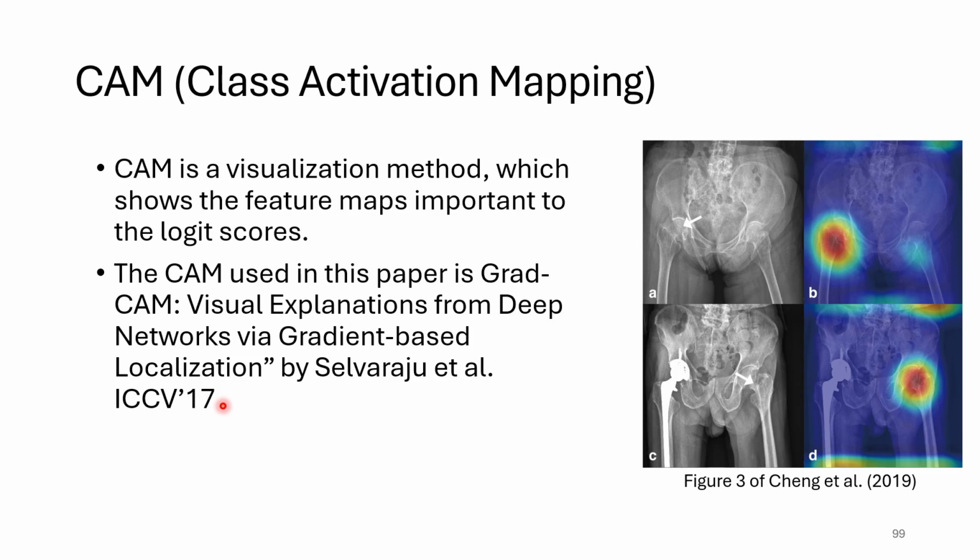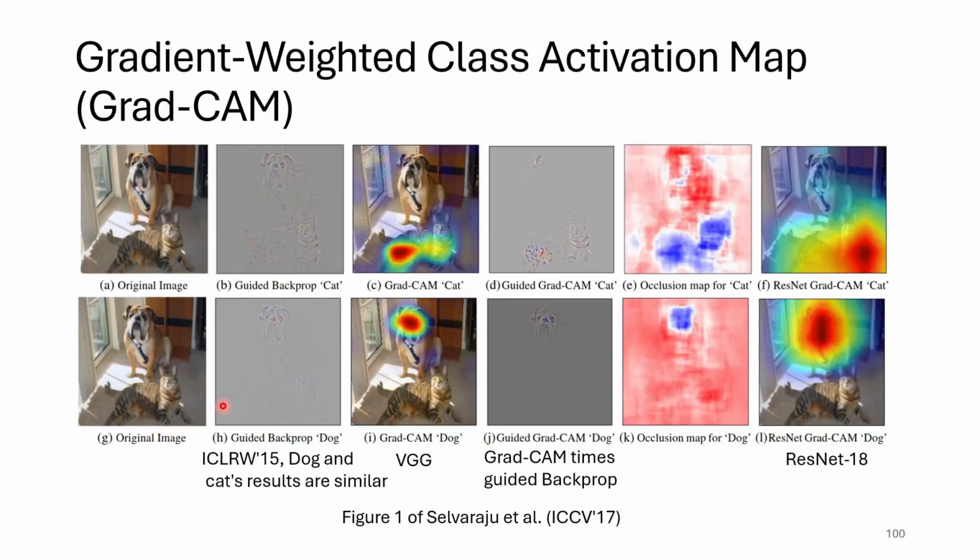However, now I will explain the technical details of Grad-CAM. So let's take a look at the image taken from the ICCV 17 paper. So what is Grad-CAM? It is class activation. So what does class activation mean? It means if you train an image classification neural network, you want to predict what the class is in the image.